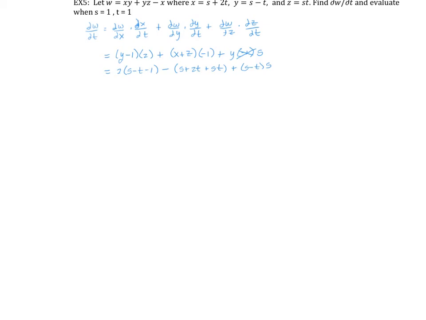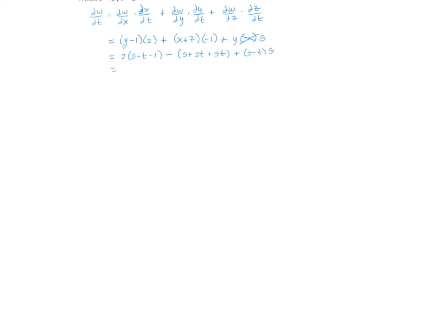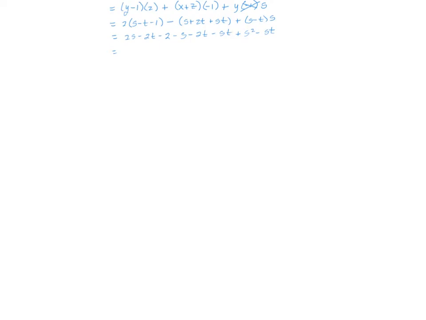Now we're supposed to evaluate this when s is 1 and t is 1. If I want, I can clean this up a bit. It seems like I have a lot of like terms. Let's see, so 2s minus 2t minus 2 minus s minus 2t minus st plus s squared minus st, and then combining like terms and rearranging.